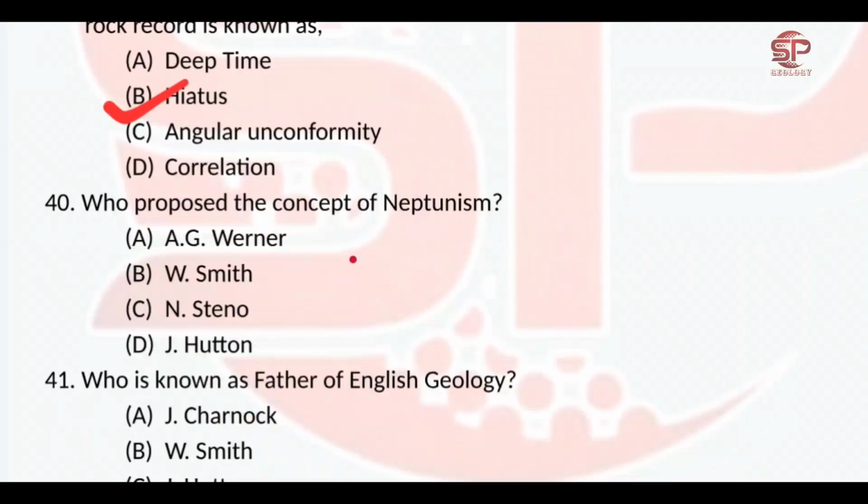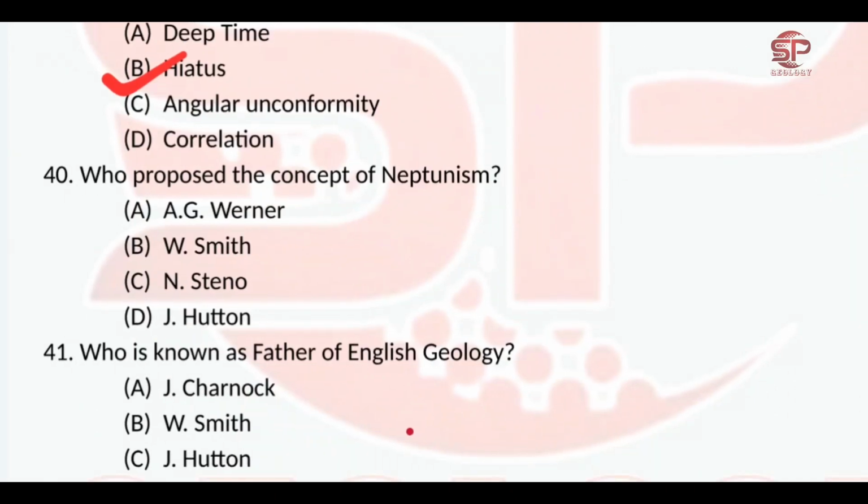Who proposed the concept of Neptunism? Neptunism was proposed by Werner. It is a very ancient geological theory from the 18th to 19th century. Werner said that all rocks were formed by sedimentation from the ocean, that all rocks were precipitated out from the ocean.